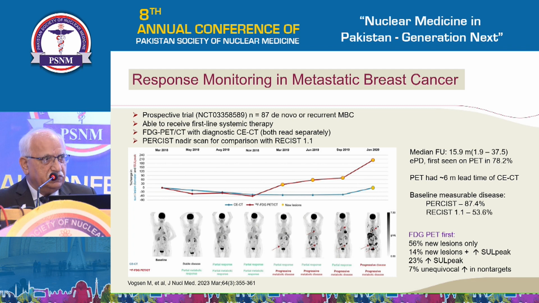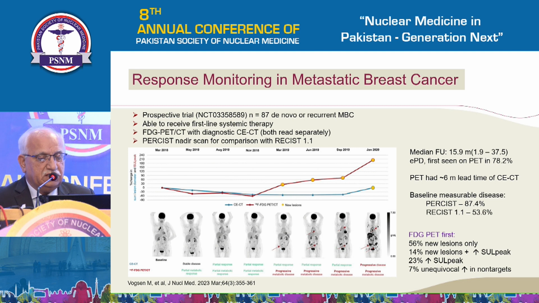There are 2 studies published this year, in 2020, from Denmark. These were prospective trials of 87 patients who were able to receive first-line systemic therapy. FDG PET and contrast-enhanced CT were both read separately, and PERCIST was used for comparison with RECIST 1.1, with a median follow-up of 15.9 months.